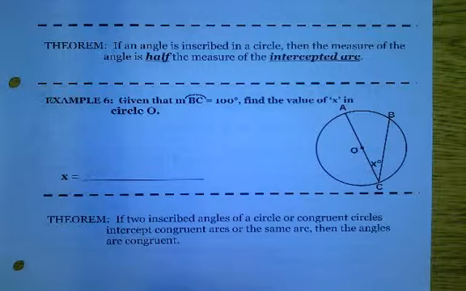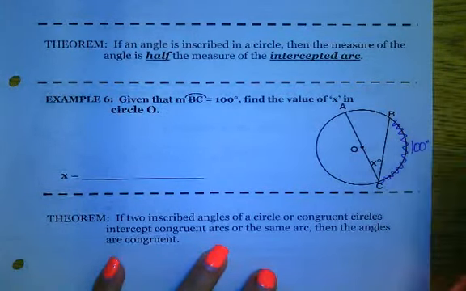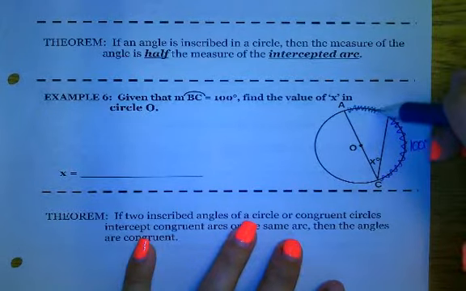So given that the measure of BC equals 100 degrees, find the value of x in circle O. If BC is 100 degrees, what is the measure of arc BA? 80.